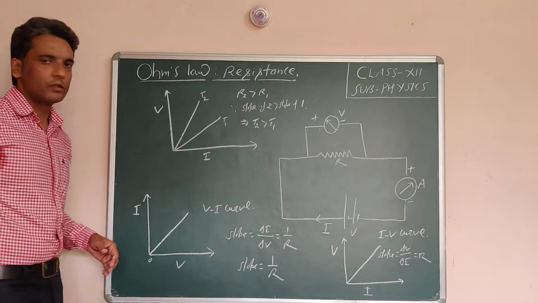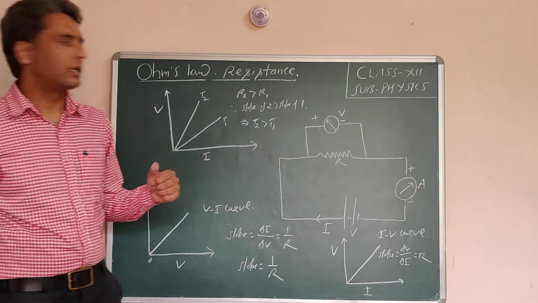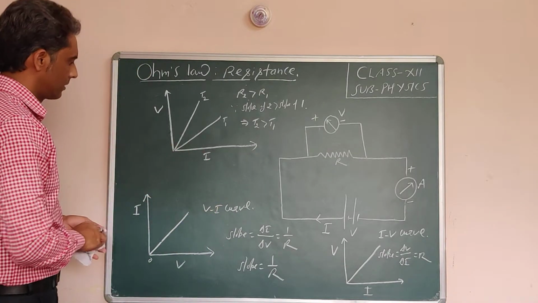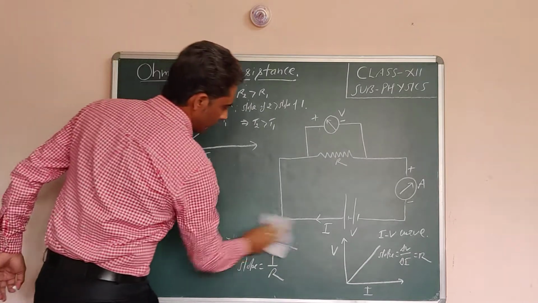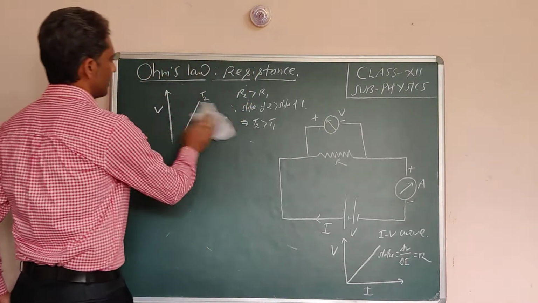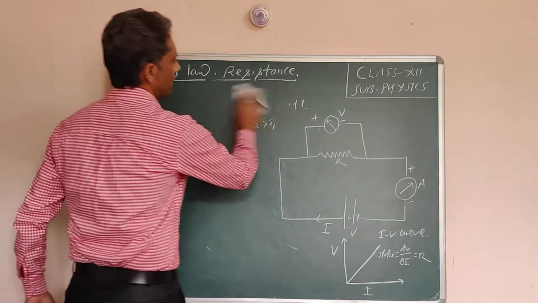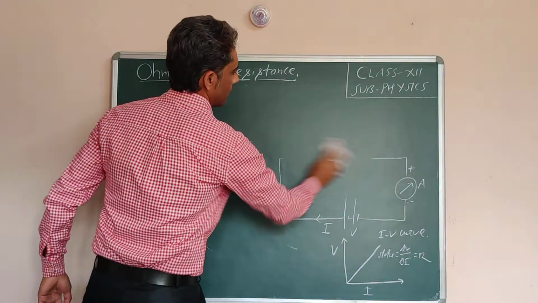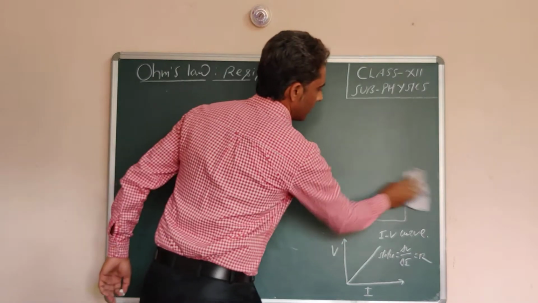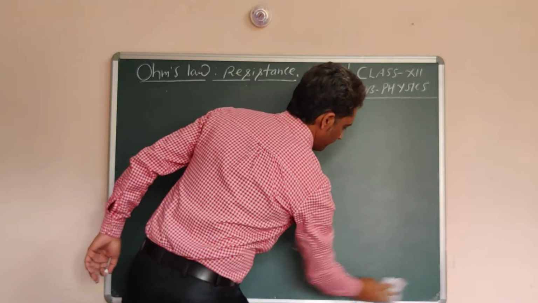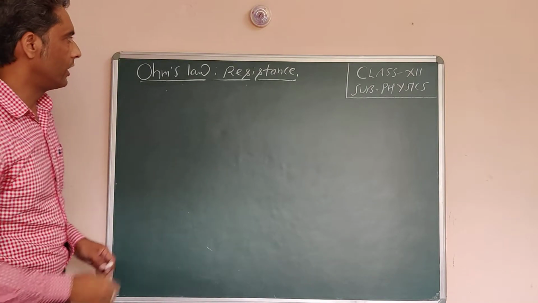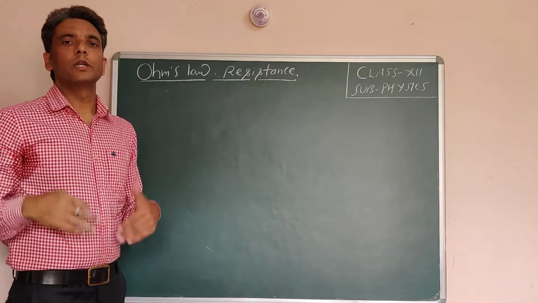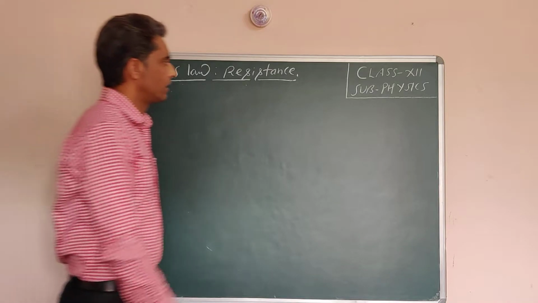Now we will discuss the factors affecting resistance. On what factors does the resistance of a material depend? In the last class we have already discussed the relation between current and drift velocity.